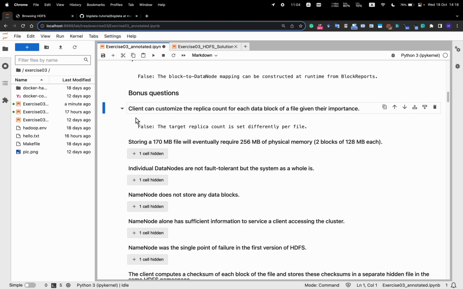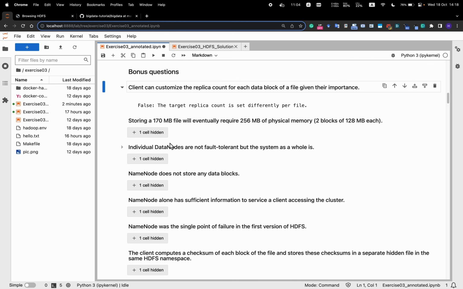The replica counts can be customized on a per file basis, but not per block. So you can say for this file, it's very important, I want it to be replicated 5 times. Others are not so important, maybe replicate that one 2 times.